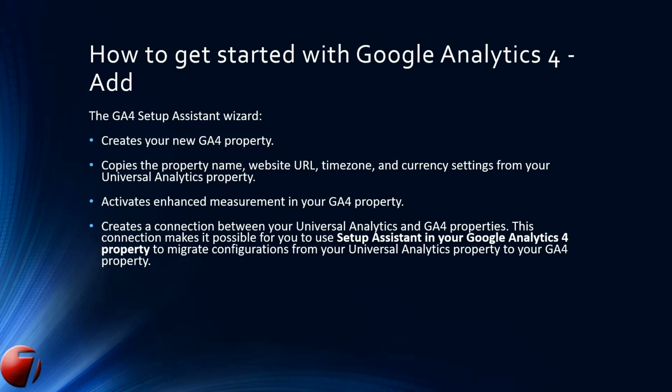But in case you're doing that, or in the old HTML days, we had to do it that way. If you're hand embedding your Universal using the GTag JavaScript file, once you run this wizard and it links the two properties, you don't have to update anything on your website. It will automatically start tracking your GA4 using that same piece of code.